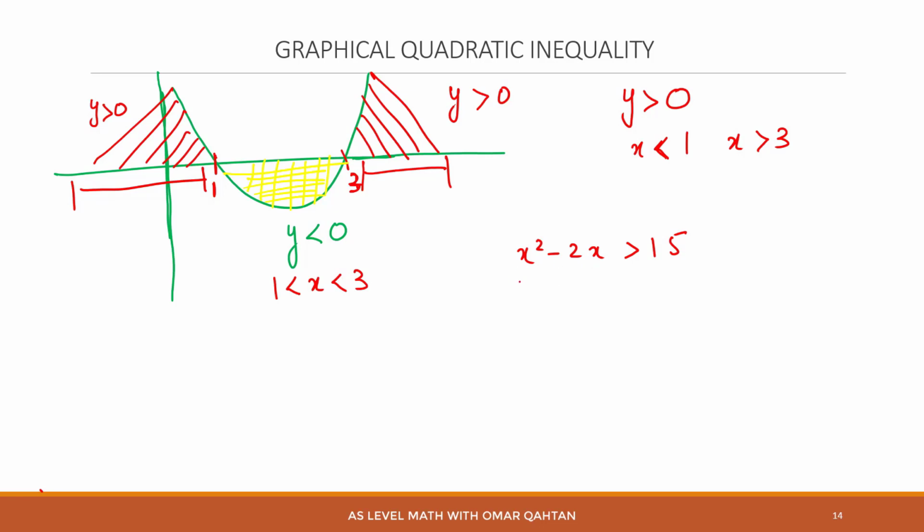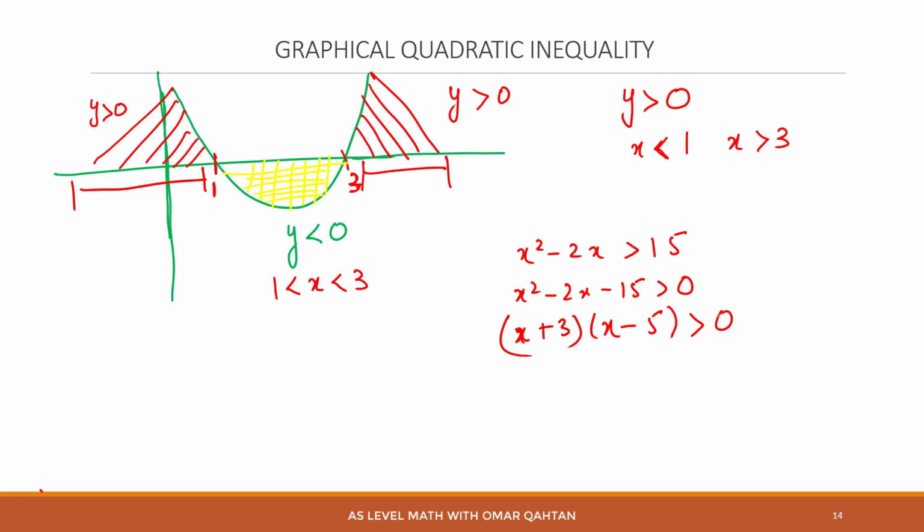So how would you do it? First, arrange the equation in proper order: x squared minus 2x minus 15 greater than 0. Then factorize it. I'm going to do it directly, I've already told you this method. So (x plus 3)(x minus 5) greater than 0.